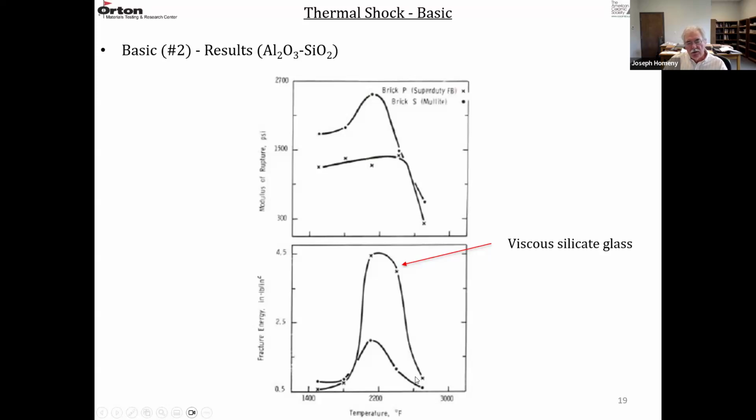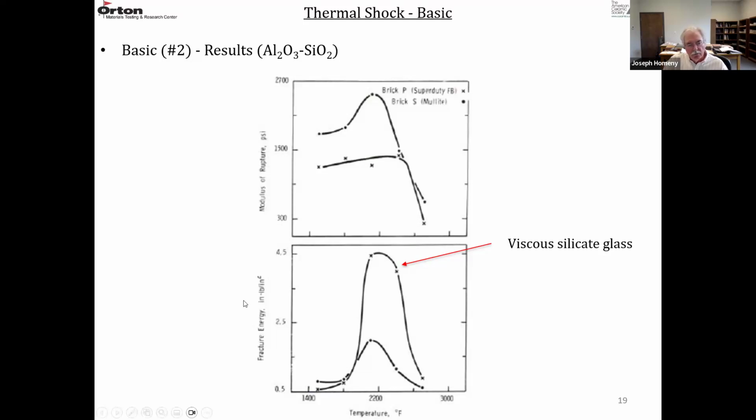And because of the viscous silicate glass, the strength falls off and also does the work of fracture. They have maximum values where the work of fracture actually, because of the viscous silicate phase, dissipates energy and blunts the crack tips and really increases the work of fracture.